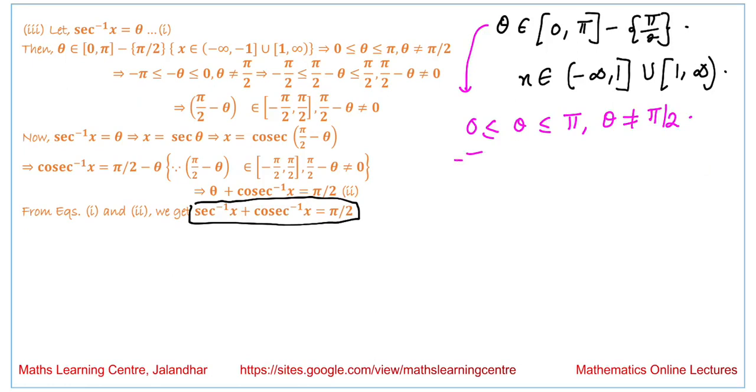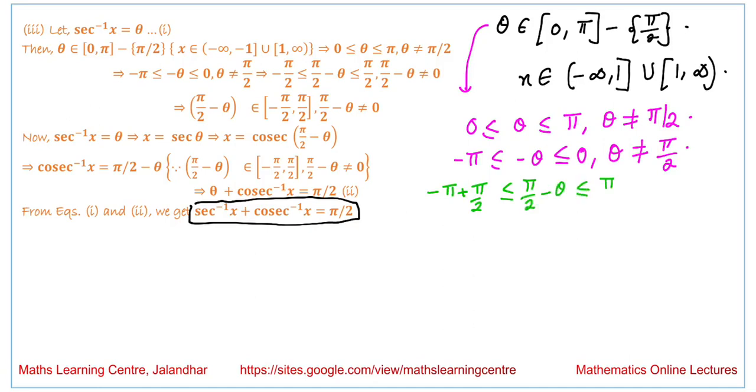So this implies that minus pi is less than or equal to minus theta is less than or equal to 0, and theta is not equal to pi by 2. Now if we add pi by 2 to this, we get minus pi plus pi by 2 is less than or equal to pi by 2 minus theta is less than or equal to pi by 2, and pi by 2 minus theta is not equal to 0.